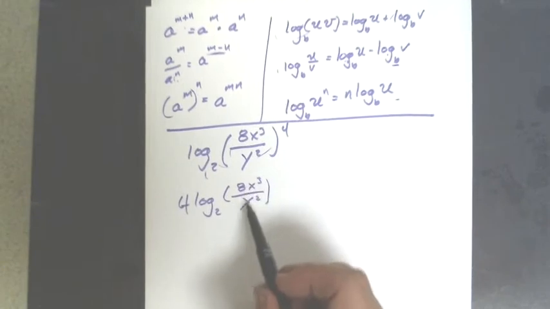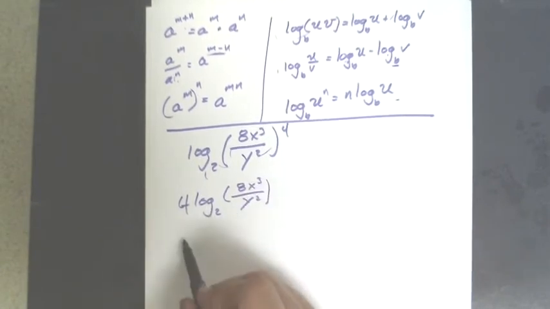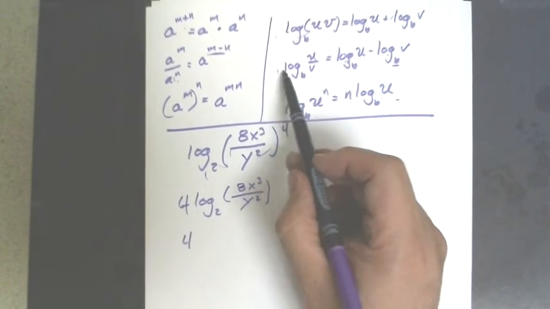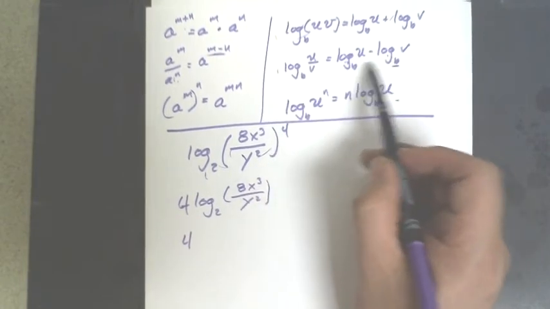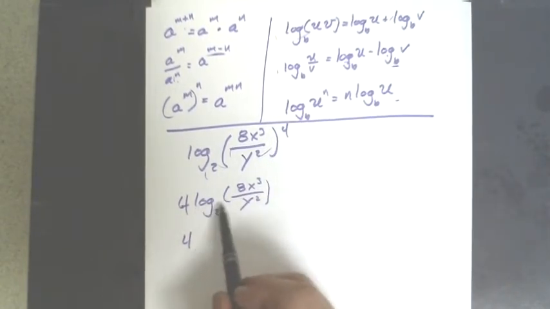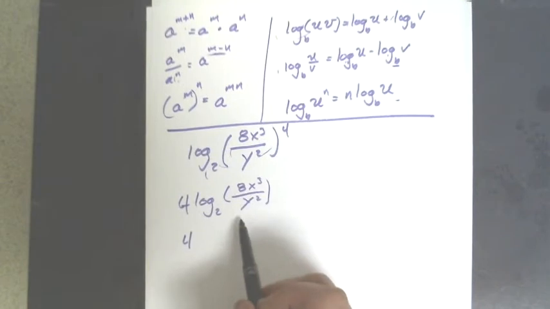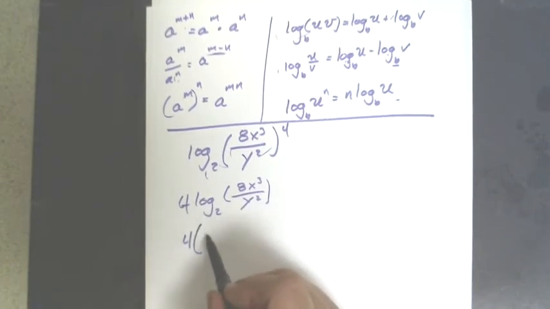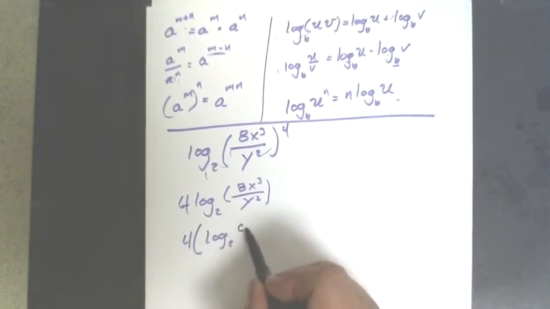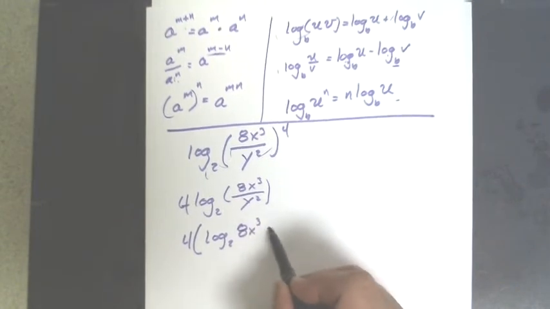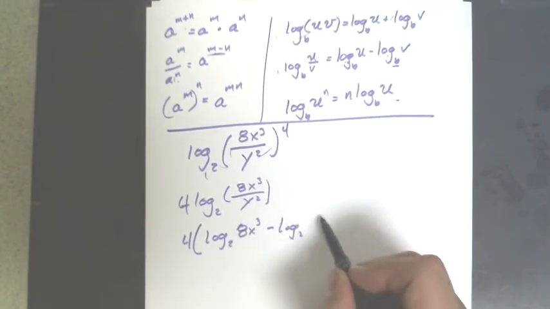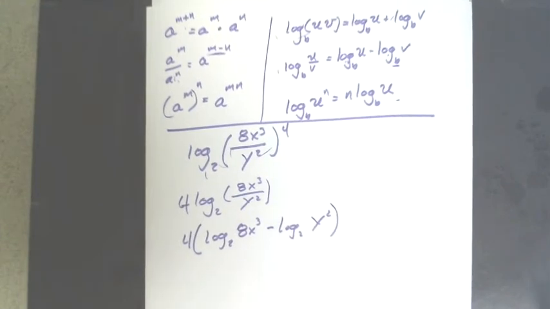Now we have the log of a quotient, and what happens to the exponents when we divide? Well, we subtract them. This log is what happens to exponents when we divide. So: 4 times the log base 2 of 8x to the third minus log base 2 of y squared. Make sure this 4 is going to multiply both of them, either by distributing it in or leaving it out for a little while.